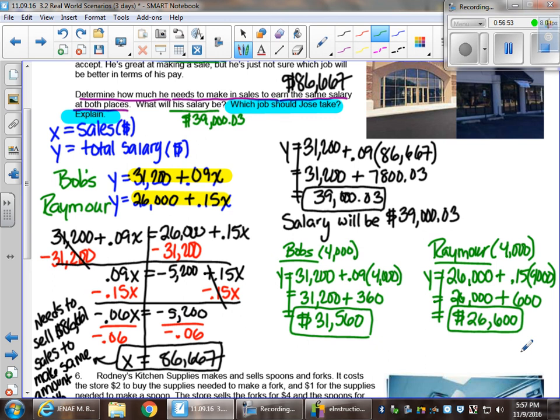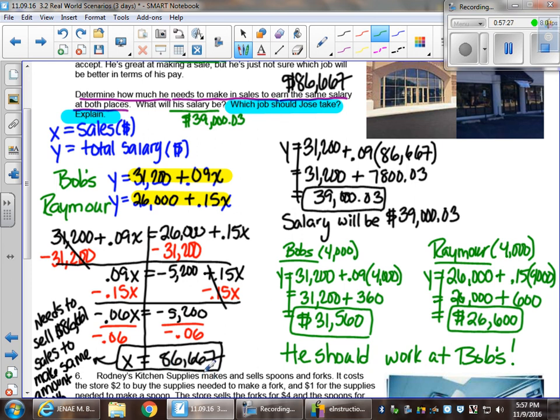So my personal opinion, I think if Jose thinks he's only going to make 4,000 in sales, look at the difference in salaries. If he makes this much, I say he should work at Bob's. So if he makes anything less than this, right? I just picked an arbitrary random number less than 86,000.